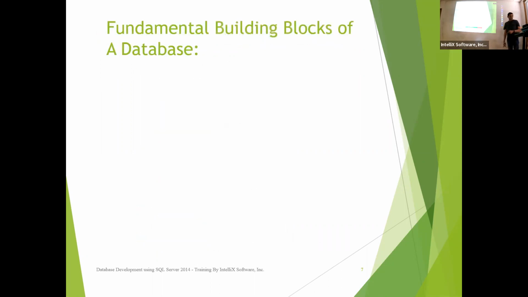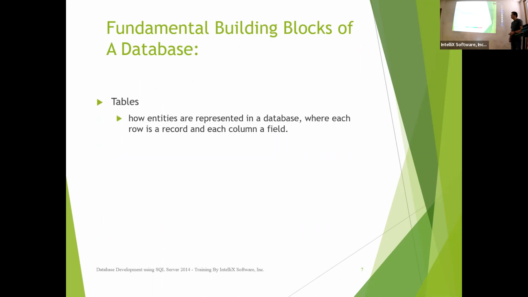Fundamental building blocks of a database. Now we'll look at one database, zoom in, and see what is needed for a database. So databases have tables. How do we organize the information? We create the tables in the backend.